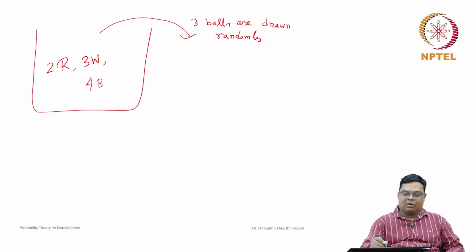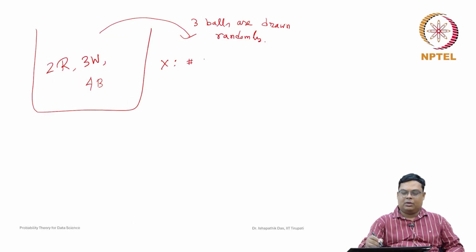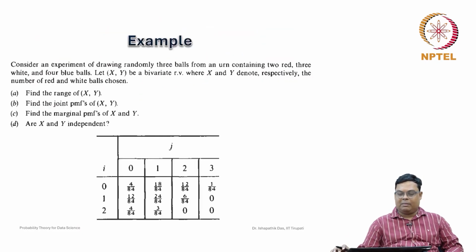So, x is the random variable defined as the number of red balls chosen, and y is the random variable defined as the number of white balls chosen.